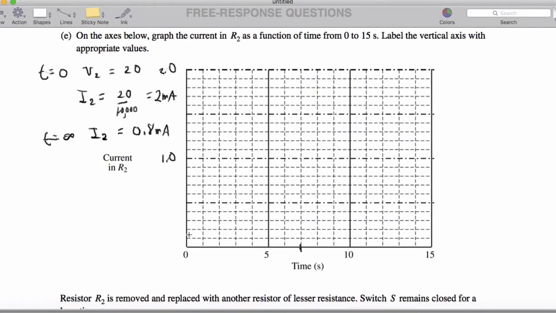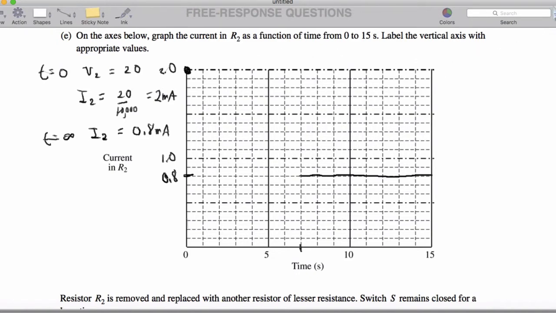So that means we've got, 1, 2, 3, 4, 5, 6, 7, 8, 9, 10. So right here is 0.8 milliamps. And right at 7 seconds, we can draw that there. At time equals 0, we're starting at 2 milliamps here.